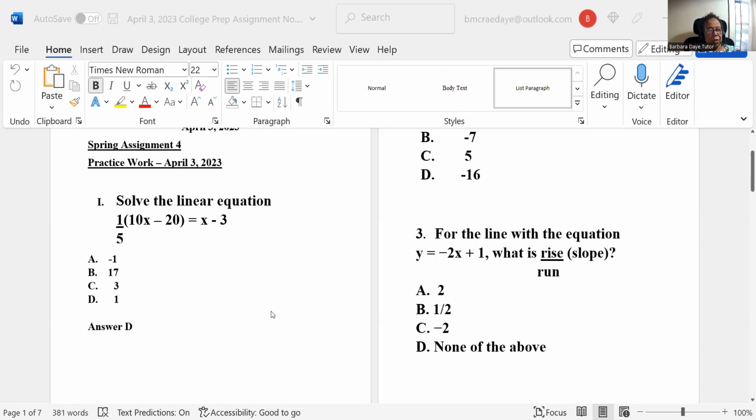I got the answer there. Anyway, we have to solve it. Number 5, solve the linear equation. Linear equations, we said, are equations that when we plot them, we get straight lines.